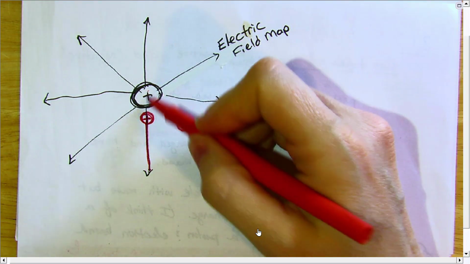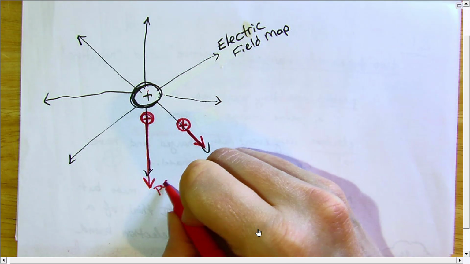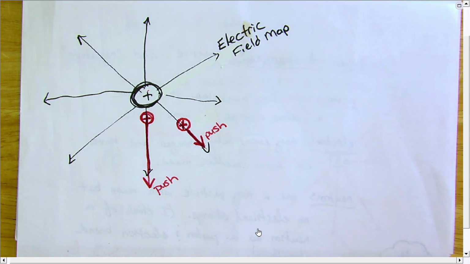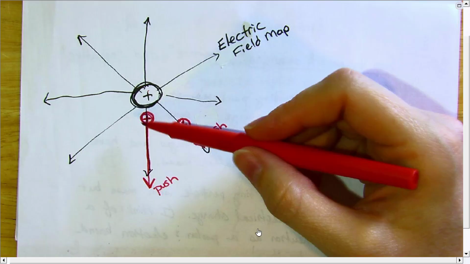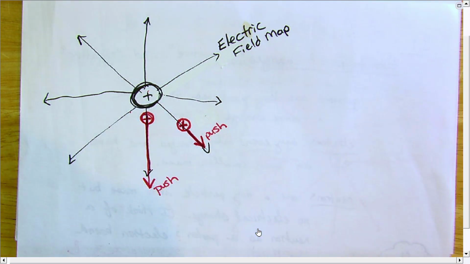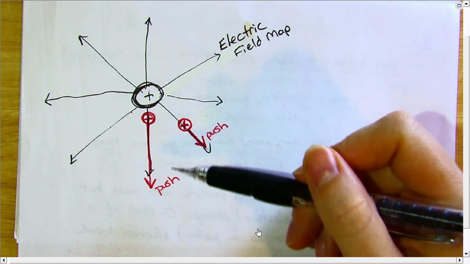But since it's closer now, the force would be stronger. So in the simulation, that stronger push was indicated by a brighter white arrow when you were closer to this charge. How does this map indicate a stronger push or a stronger pull?